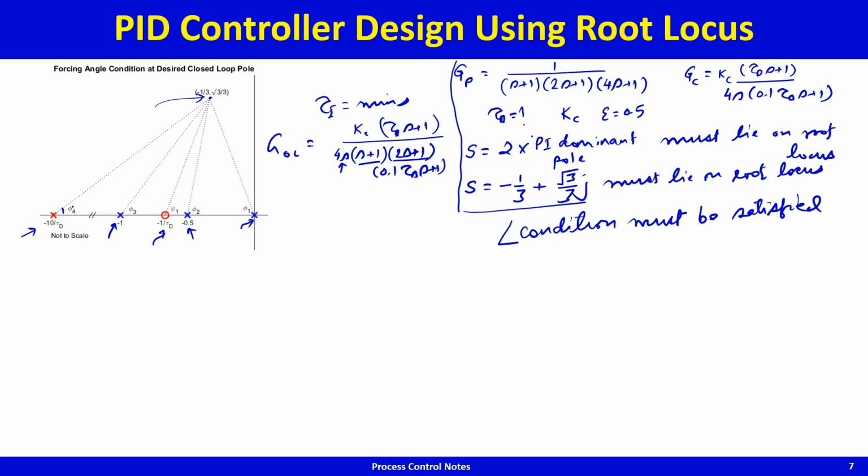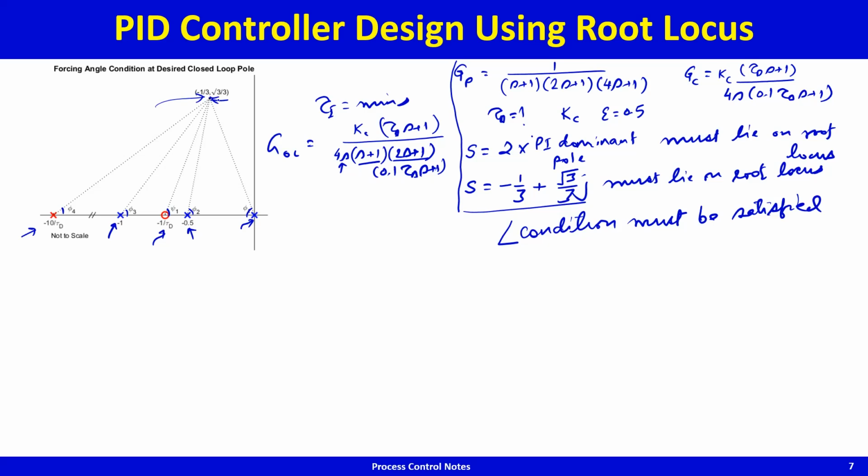Now look at these angles: phi 4, phi 3, psi 1, phi 2, phi 1. If the locus is passing through the desired point, then the angle condition must be satisfied at that point. Poles subtend a negative angle because poles occur in the denominator of the transfer function. Zeros subtend a positive angle because they occur in the numerator.